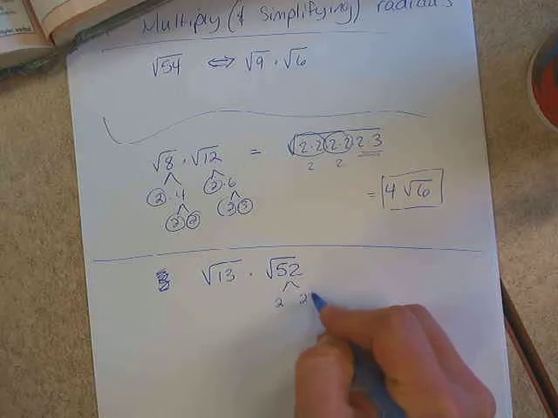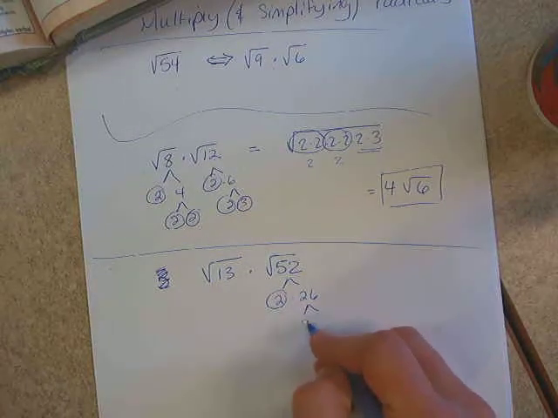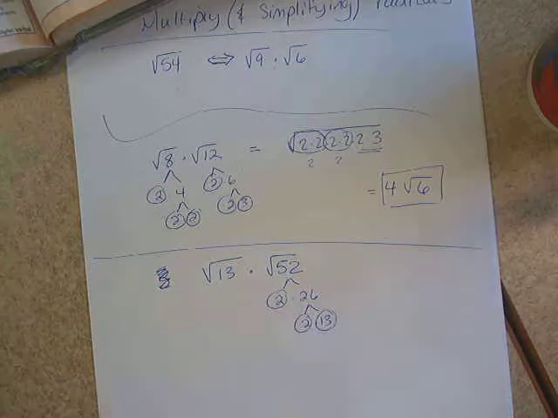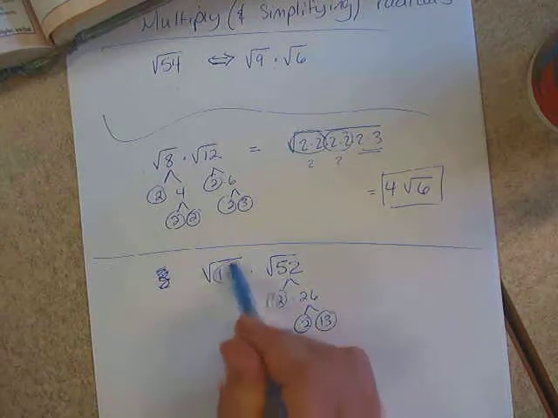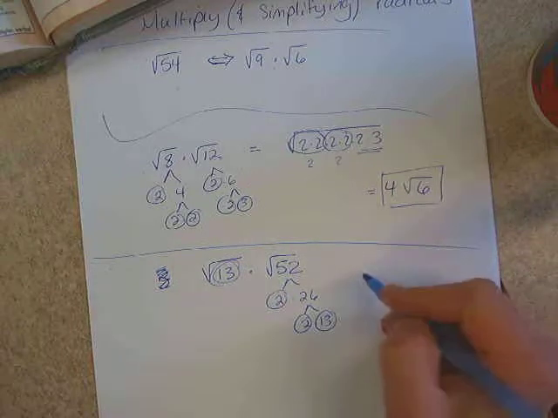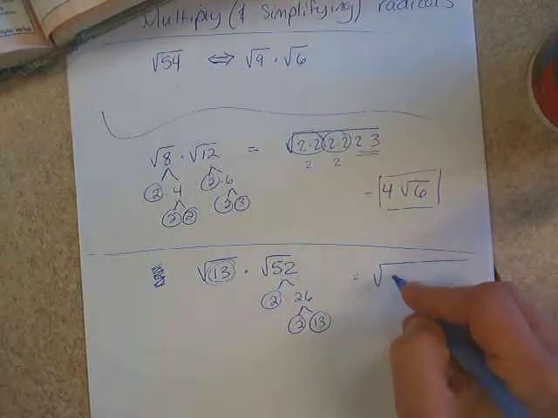But 52 on the other hand, what goes into 52? 2 and 26. And 2 and 13, right? So don't forget, you do need this guy over here. Even though there's no factors under that tree, you need the 13.